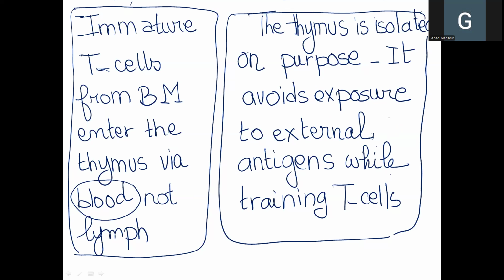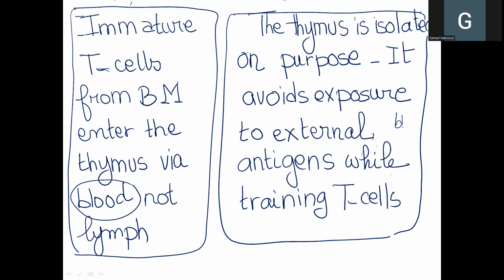This is because it's meant for the thymus to be isolated from lymph or from the afferent lymphatic vessels that carry lymph towards the thymus. So what connections then does the thymus have with the bone marrow?